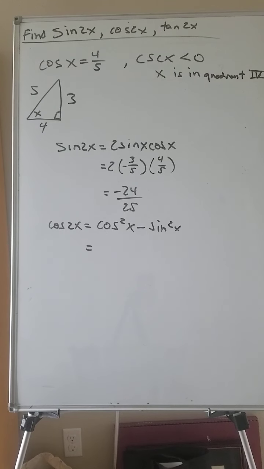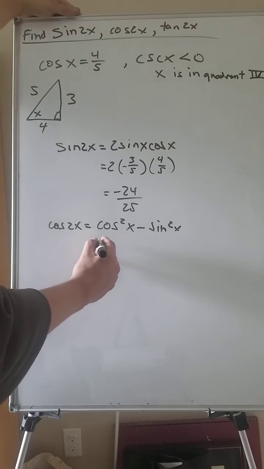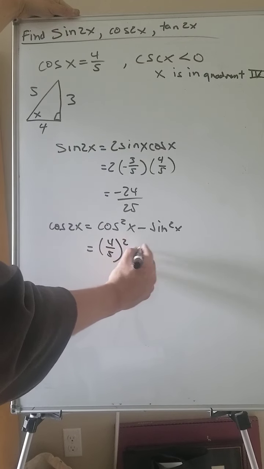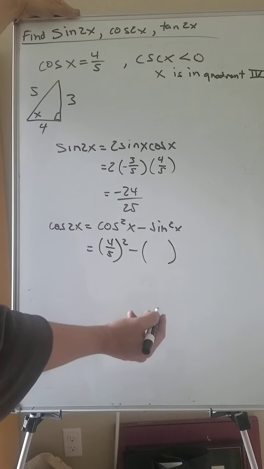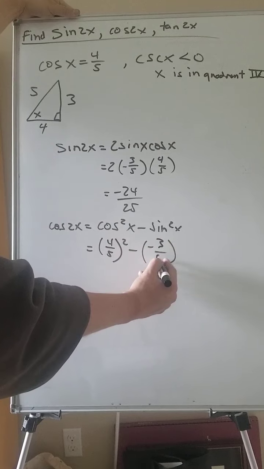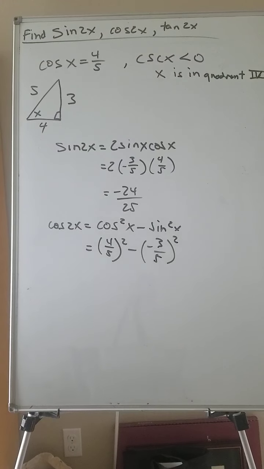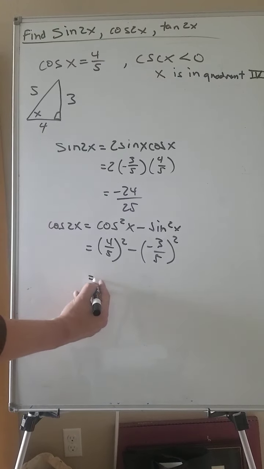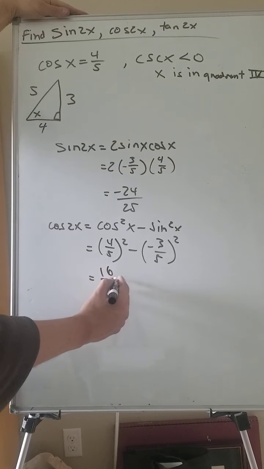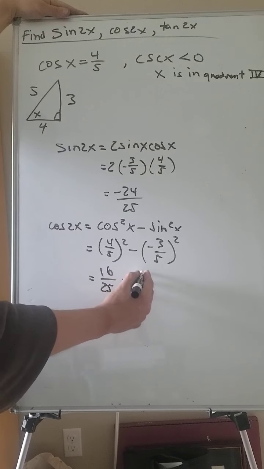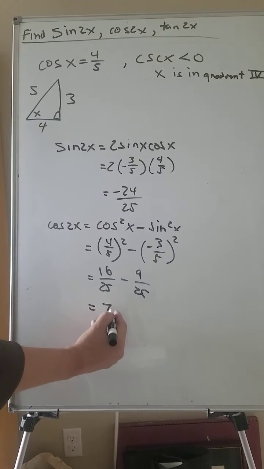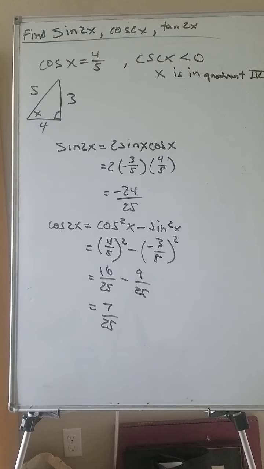Cosine is 4/5, so that would be 4 over 5 squared, minus sine squared x. Sine, we already said, was negative 3/5, and then I square that. If I work this out, I get 16 over 25 minus 9 over 25, so I get 7 over 25.